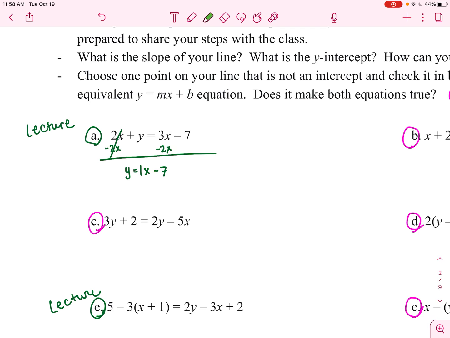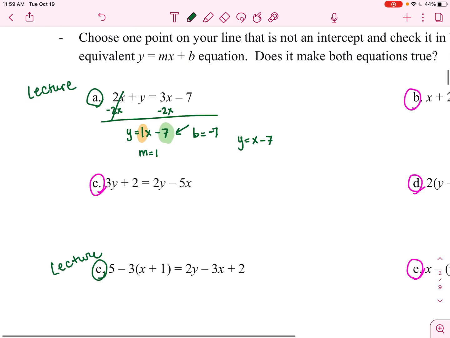Therefore, you can see your y-intercept is negative 7. And what is your slope? Your slope is 1. You do not have to put 1 in front of the x. So you could rewrite this equation y equals x minus 7, but again, we would know that that slope is 1.